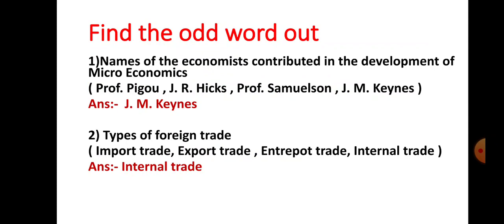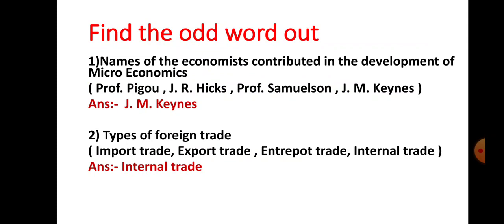Professor Pigou is correct, J.R. Hicks also correct, Professor Samuelson also correct, but J.M. Keynes is the odd word in this group. So your answer is J.M. Keynes. In this objective type question, no need to mention the format of the question, directly mention the answer.